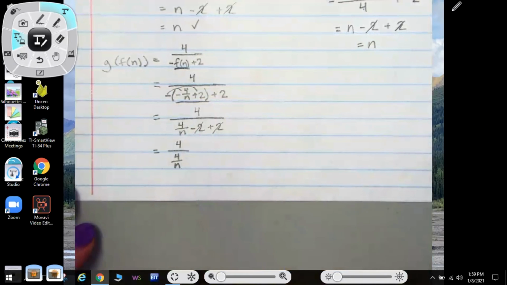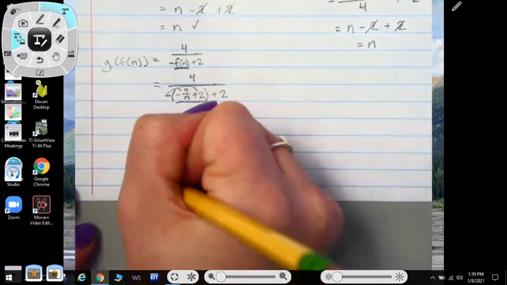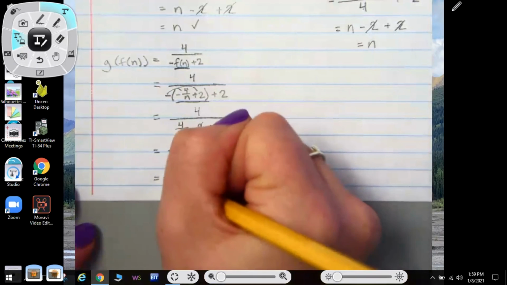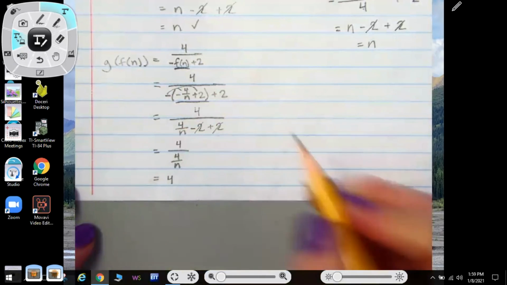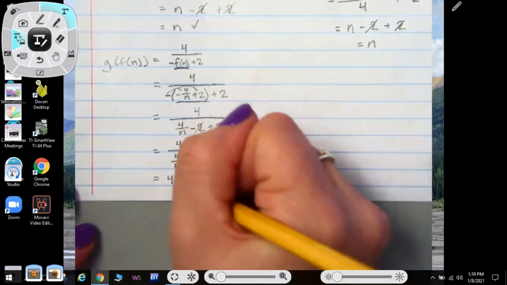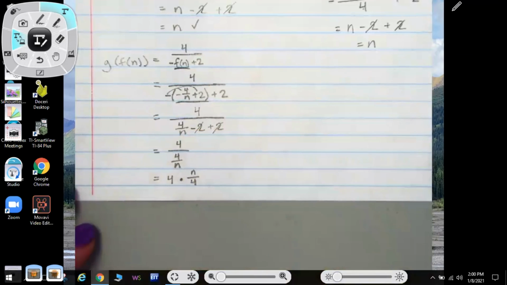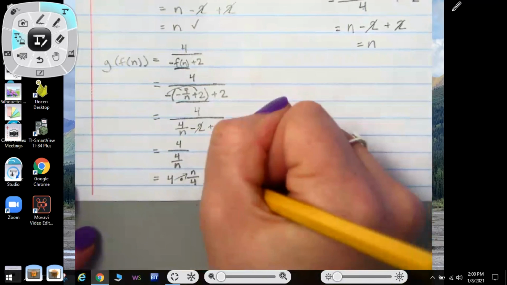So we're dividing by a fraction again, which means we can use the trick we talked about where the numerator stays the same. So the numerator is 4. Change division to multiplication and flip the fraction. So instead of 4 over n, now it's n over 4. This 4 gets multiplied in the numerator only.